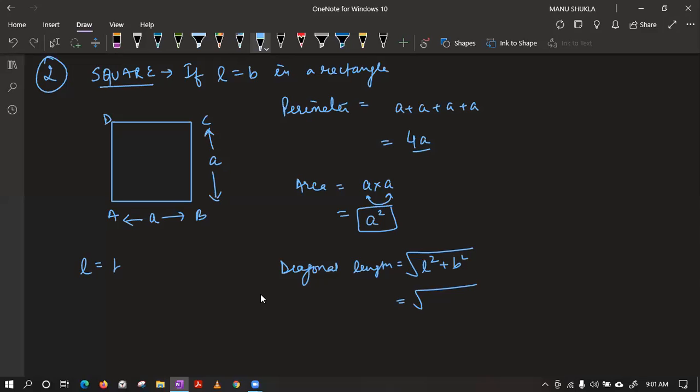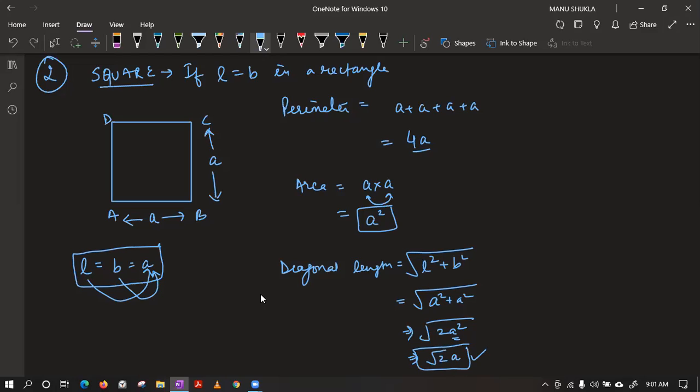L is equal to B is equal to A. So we can put the value of L as A and the value of B as A in the equation, and we will get A square plus A square. That will be under root 2A square. And finally, what will happen? We have A square, A will come out, root 2 will remain inside. This is the length of the diagonal.